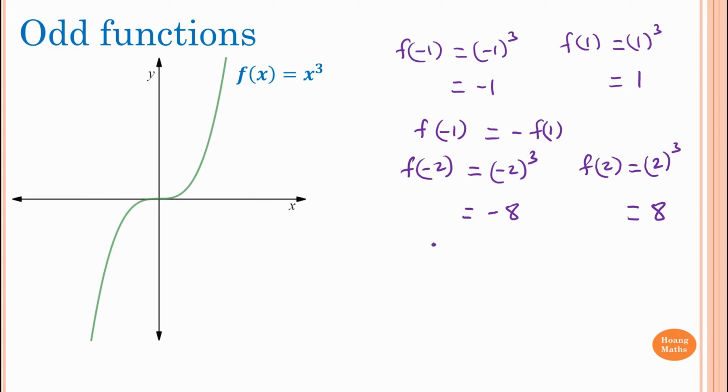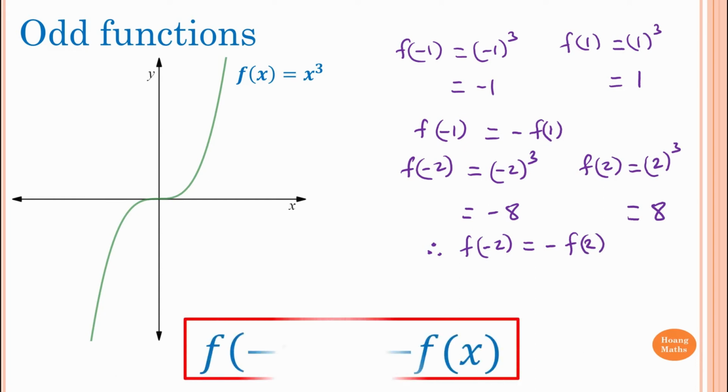So f of negative 2 is equal to negative f of 2. Therefore, in general, for an odd function, f of negative x is equal to negative f of x. Please take note of this.